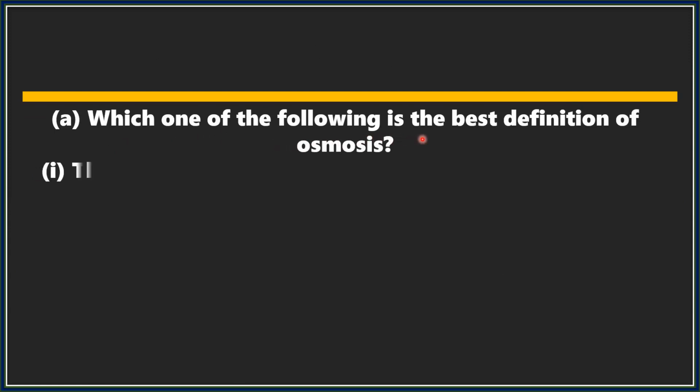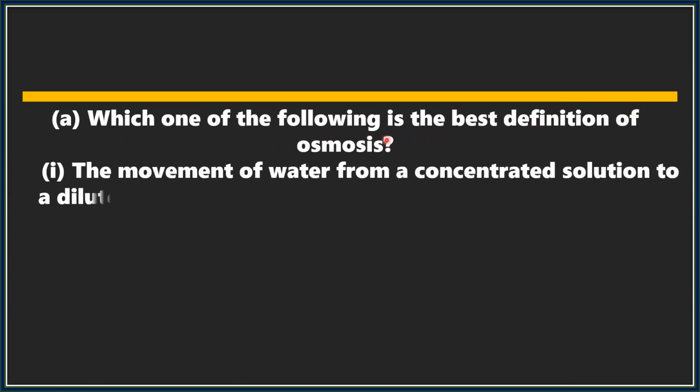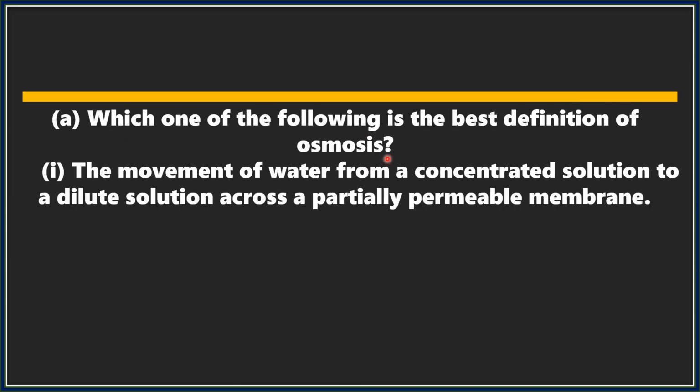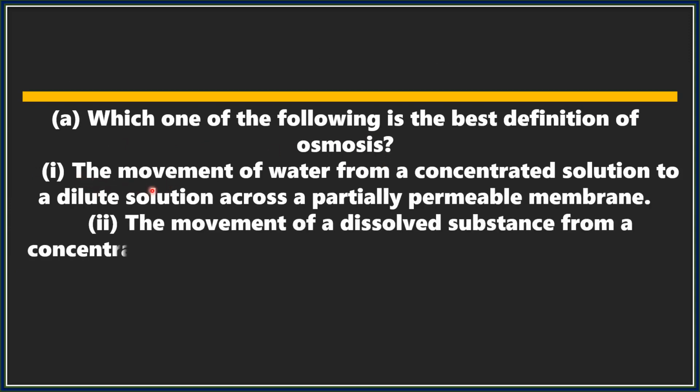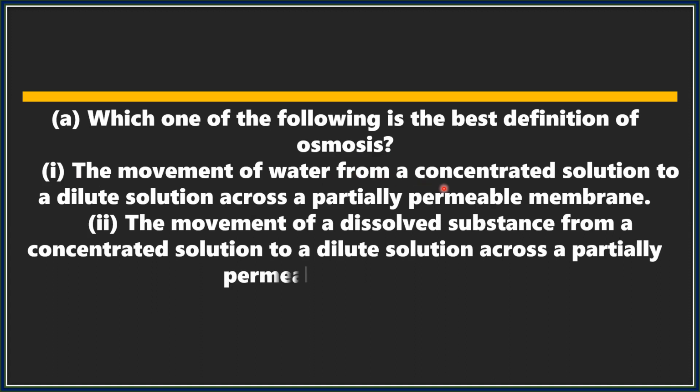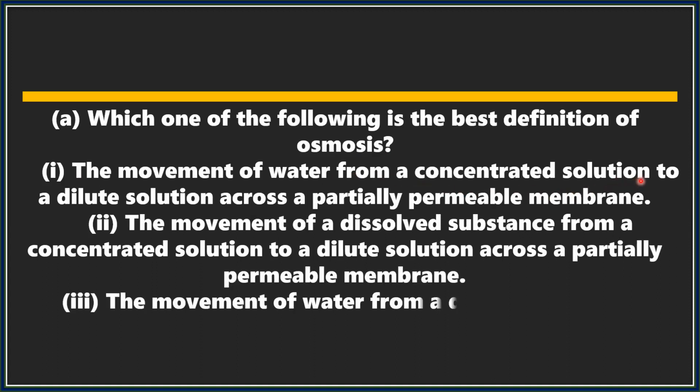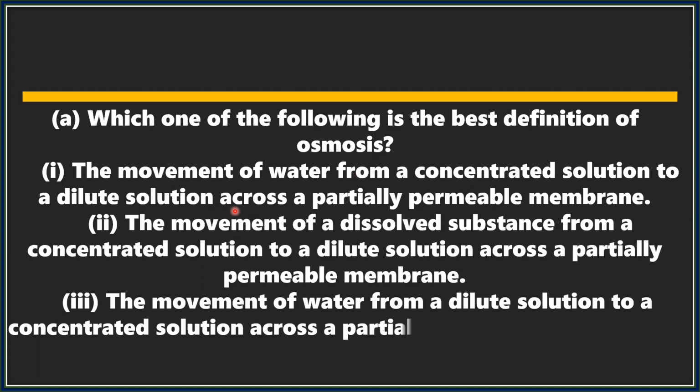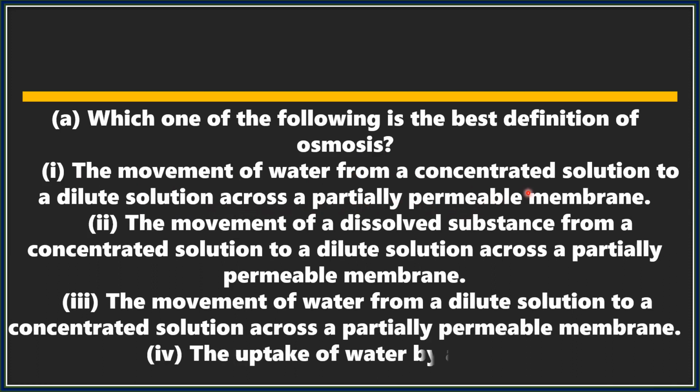Which one of the following is the best definition of osmosis? 1. The movement of water from a concentrated solution to a dilute solution across a partially permeable membrane. 2. Movement of dissolved substances from a concentrated solution to a dilute solution across a partially permeable membrane. 3.